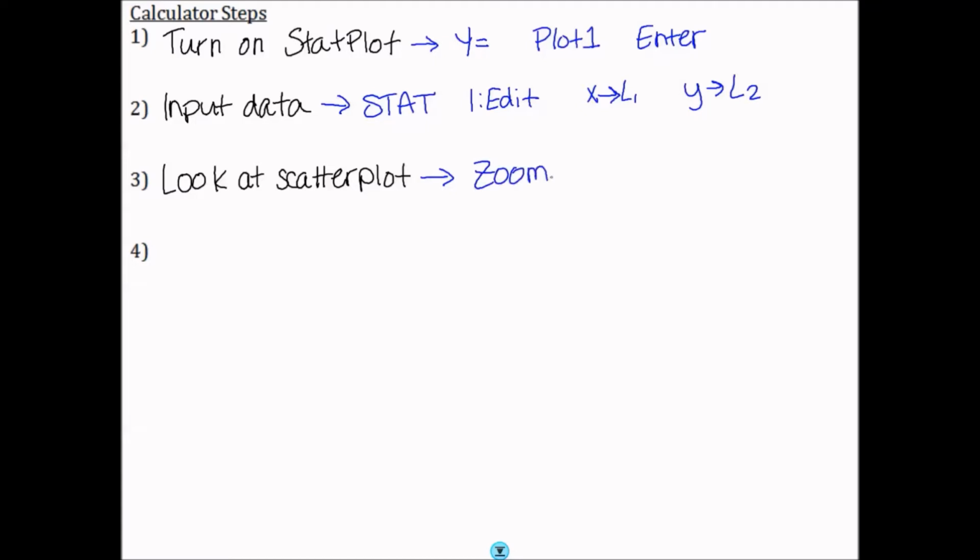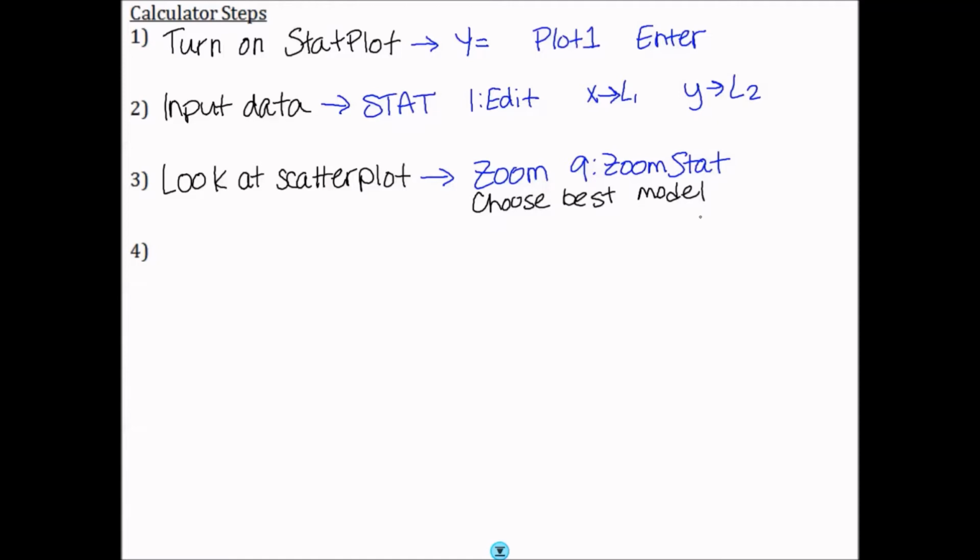So you go to Zoom and then 9, which is Zoom Stat. And you want to choose the best model. So if the scatter plot looks linear, you would choose to do linear regression.